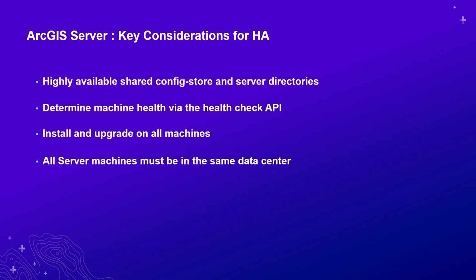The upgrade process is done sequentially on each machine. So install and upgrade the first machine and then move on from there. Much like Portal, all server machines must be in the same data center. Separating the server machines within a multi-machine server site geographically is not a supported architecture.